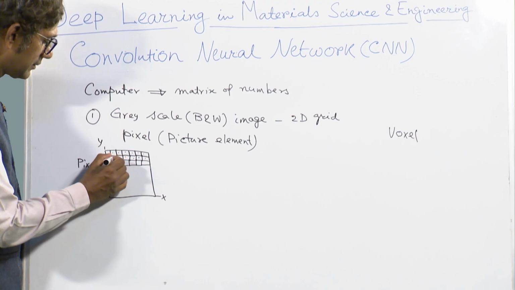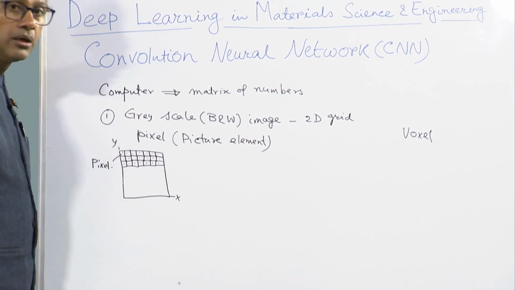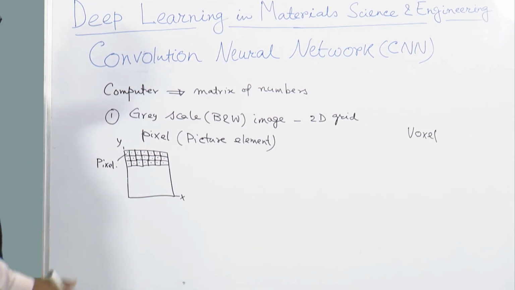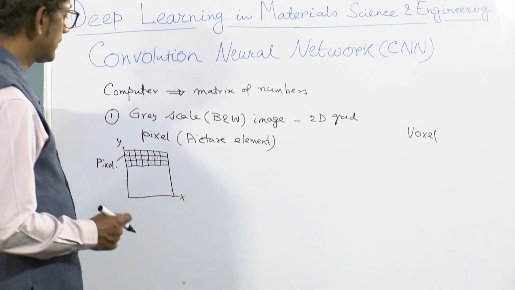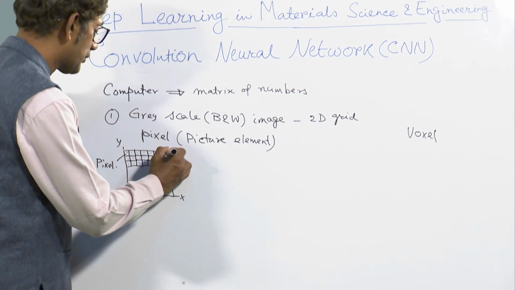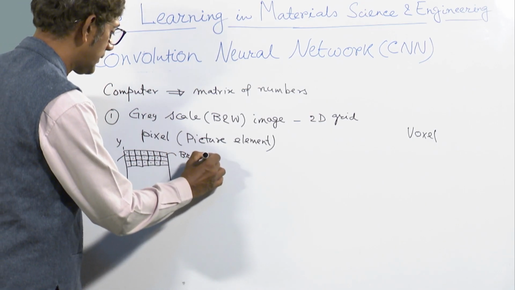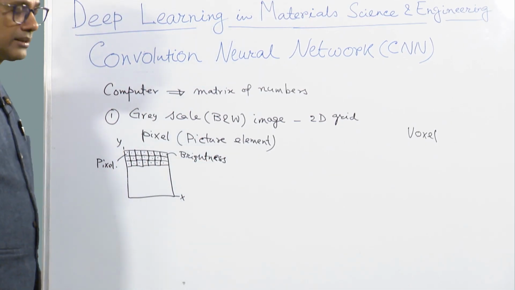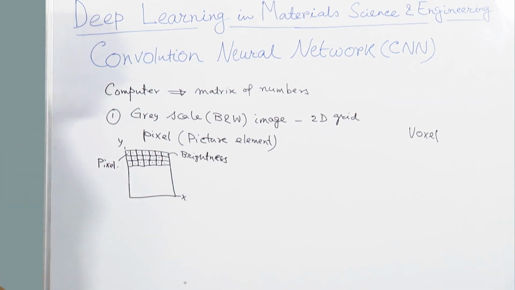The coordinate of each pixel can be defined by x, y numbers, like in coordinate geometry. And in addition, each element will also have brightness. Since it is a black and white image, we can define the intensity or brightness as a factor.